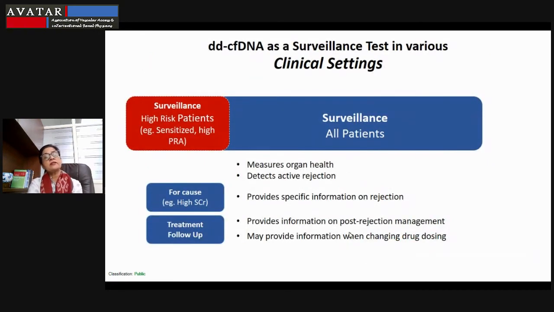When looking at donor-derived cell-free DNA as a surveillance test in various clinical settings, it is no doubt a very important biomarker in transplant surveillance, particularly for high-risk patients, highly sensitized with high PRAs, and also for surveillance of all patients to monitor for any event of rejection that may be occurring. For cause, with high serum creatinine, it provides specific information on the type of rejection and treatment follow-up or monitoring, which provides information on post-rejection management and may also provide information when changing drug dosing.